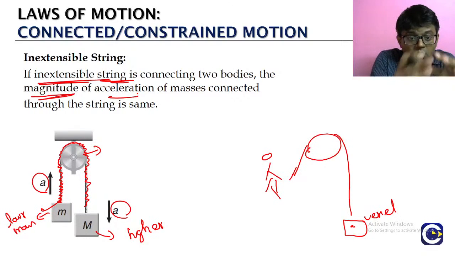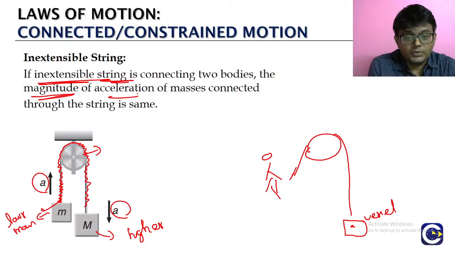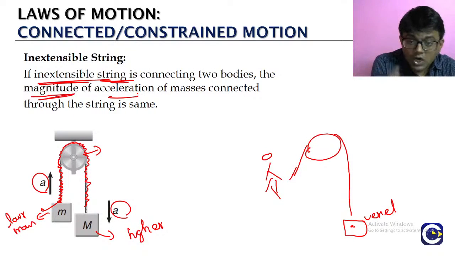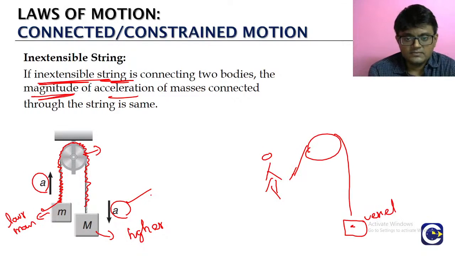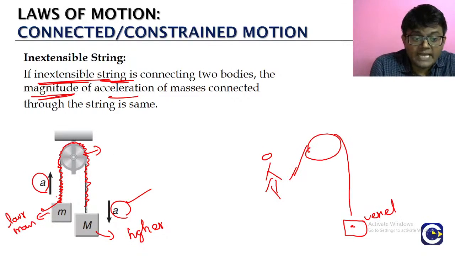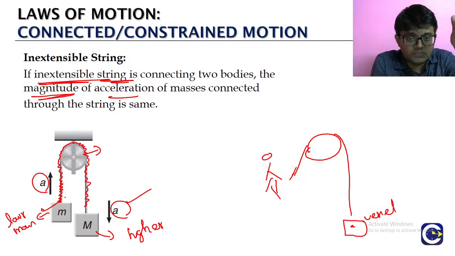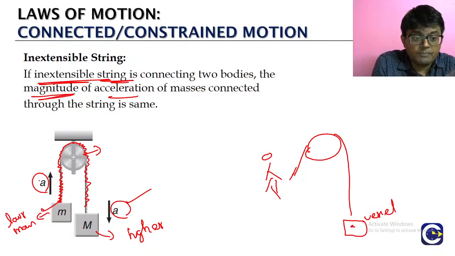Otherwise, the rope would either have to extend or be cut. Because the objects are connected by a rope which is not cut and not extensible, whatever the downward acceleration of capital M, which we take as a, the upward acceleration of small m, the lower mass, will have the same value.